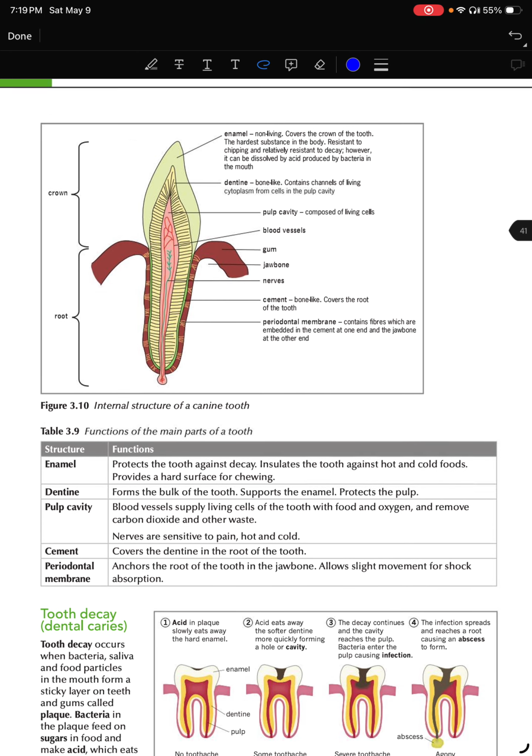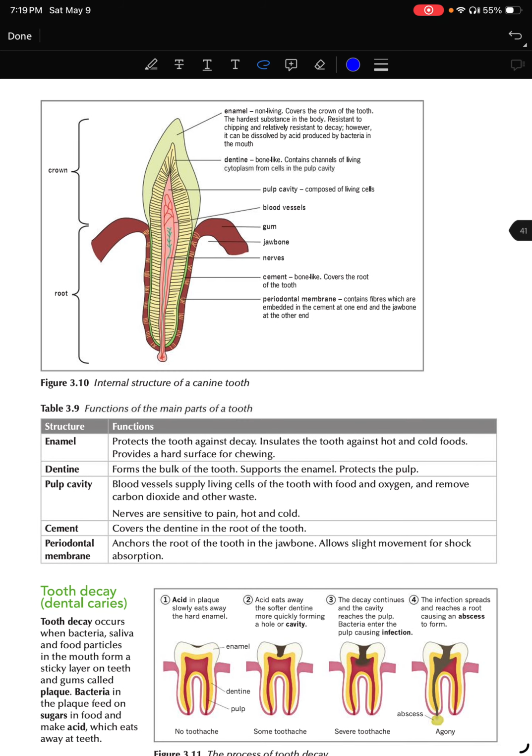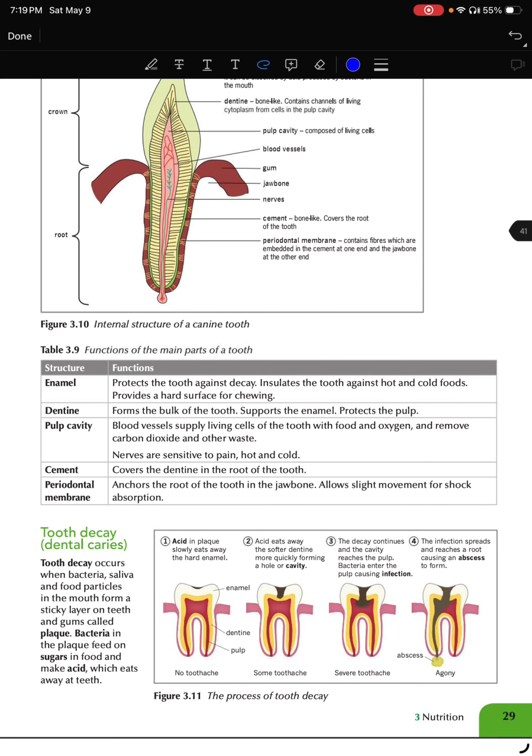The internal structure of the tooth is something that you should also know, in terms of the outermost layer being the hardest layer, dentine, and pulp cavity, which includes the blood vessels and the nerves inside, and then the cement and the periodontal membrane that holds the tooth in the socket.